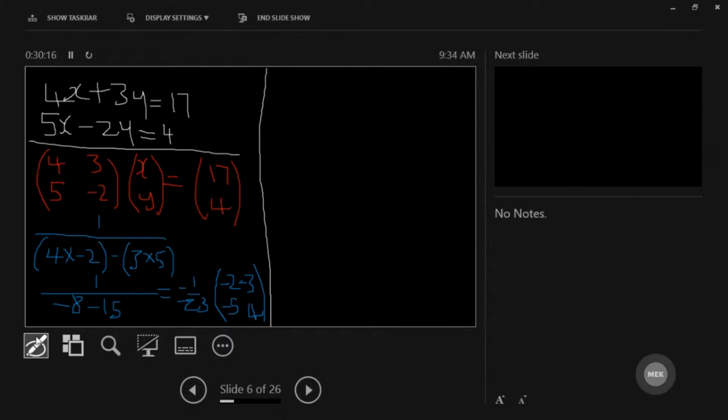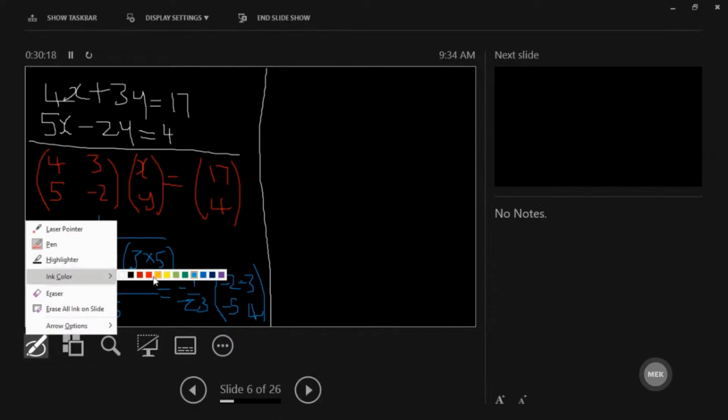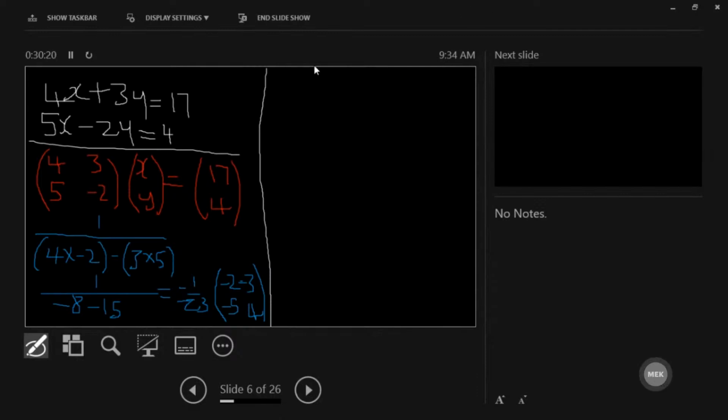So now we're going to go up to the other side and put those together. So it's negative 1 over 23 times [negative 2, negative 3; negative 5, 4] times [17; 4] equals [x; y].